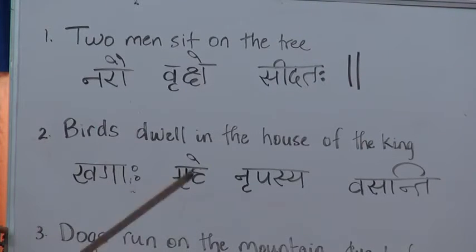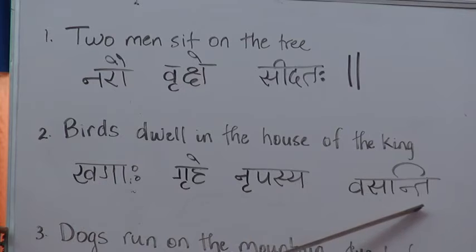So the question I am asking is, why can we not translate this sentence as the king's birds dwell in the house? Because of what? You could get both meanings?